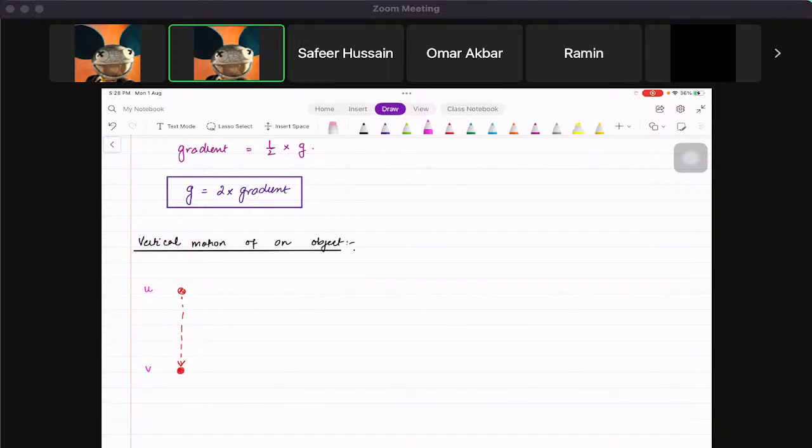So if it's going at 0, it will have some final velocity v. The reason is that when it falls a significant distance like h or s, the acceleration due to gravity is always acting downwards. Is it clear? Yes, sir.